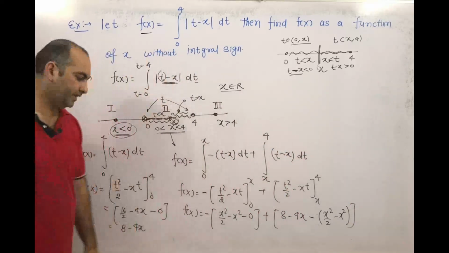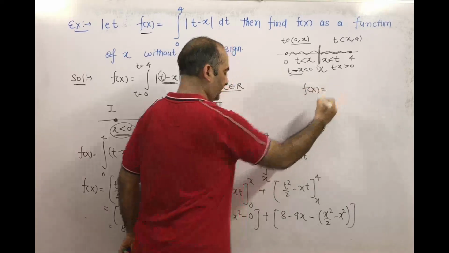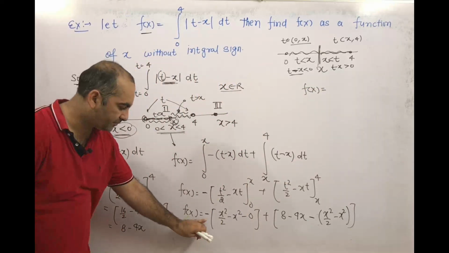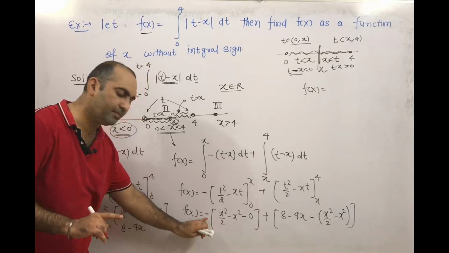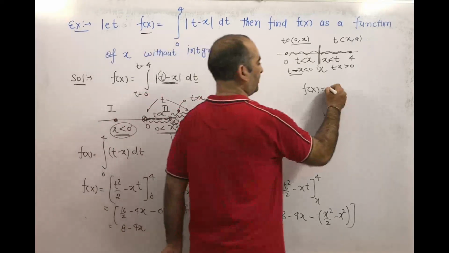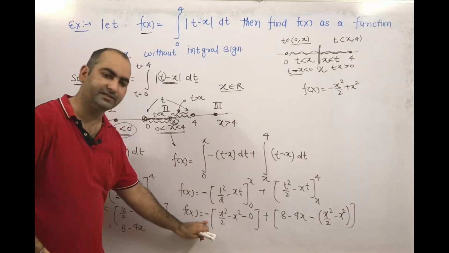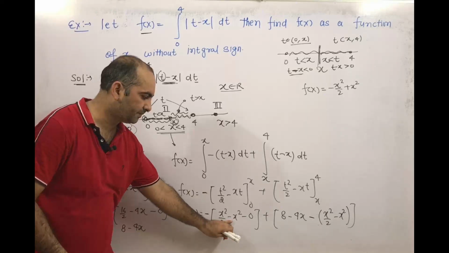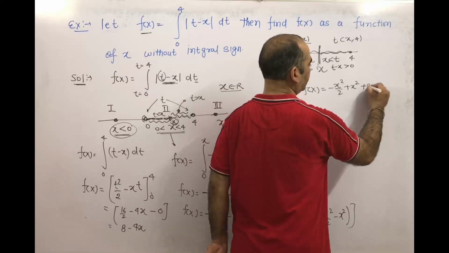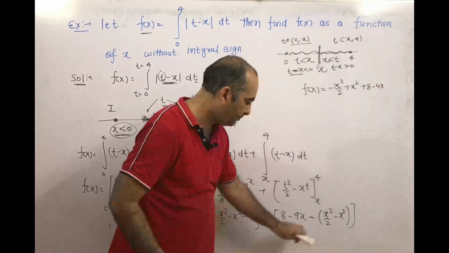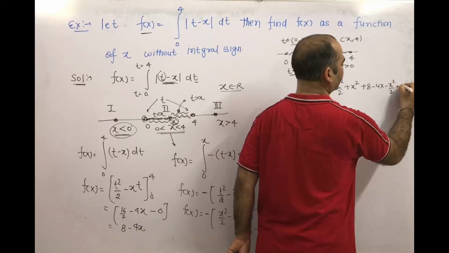Okay, so here f(x) I am writing, minus, if I multiply x square by 2 minus x square, so minus x square by 2 will come, and minus is there, so minus x square by 2 plus x square. Minus we are taking inside. Then 8 minus 4x plus 8 minus 4x, and minus x square by 2 plus x square, minus x square by 2 plus x square.